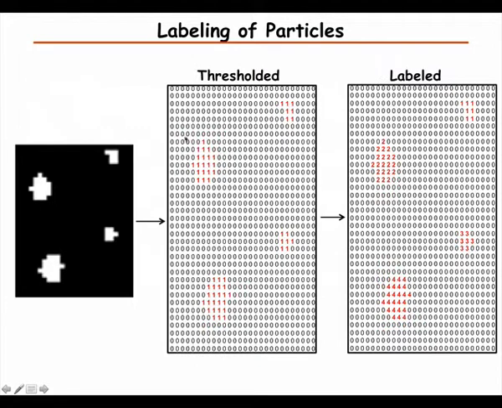So what we do is we have this mask, and when we do the thresholding, we set every pixel to either 0, meaning that it's background, or 1, that it's foreground. The next step, the labeling step, is to go through and count how many objects there are.